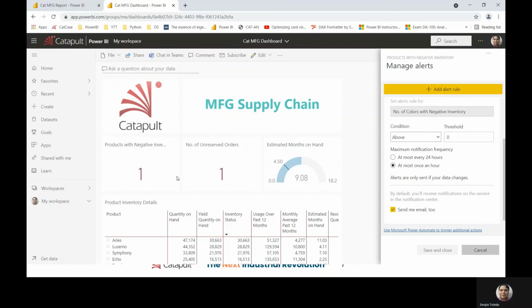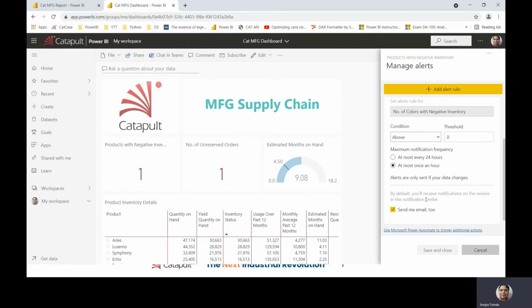So again, there's a product that needs to be reordered, and we want to know if there's more than 0, meaning if there are any products that need to be ordered, we want to know it. And we can have a notification frequency here at most every 24 hours or at most once an hour, so that notifications can be sent that there's a product that needs to be reordered, that there's something that somebody needs to look at in this report.